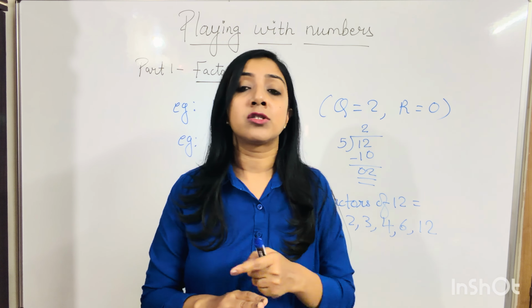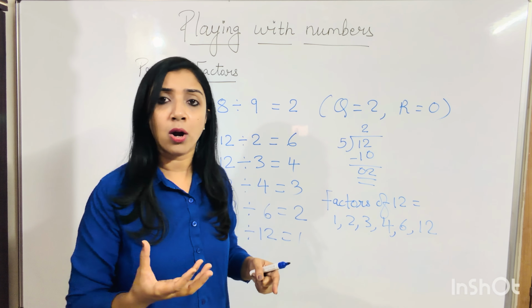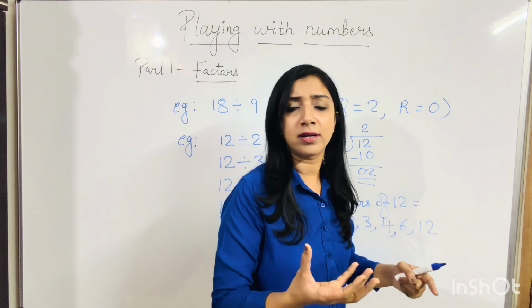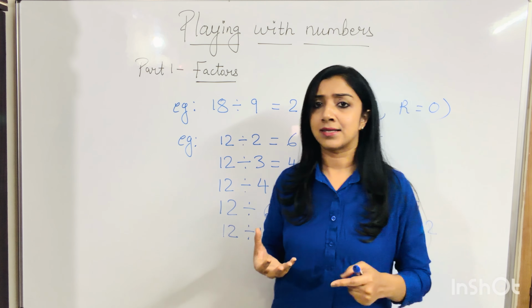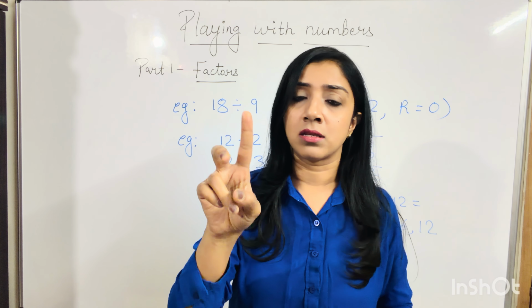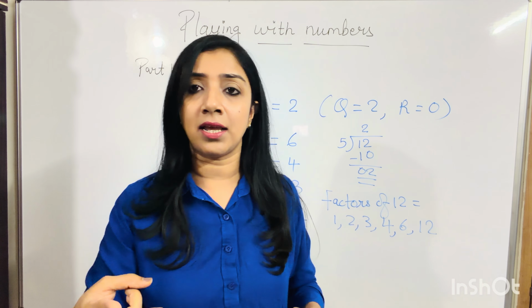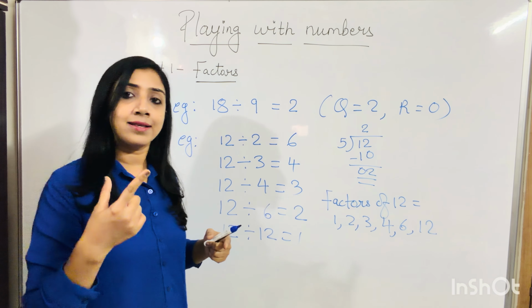Here, 7 is not divisible by any other number. 7 is an odd number. But there are some odd numbers which have more than 2 factors. So 7 has only 2 factors, 1 and the number itself, that is 7. Factors of 7 are 1 and 7.